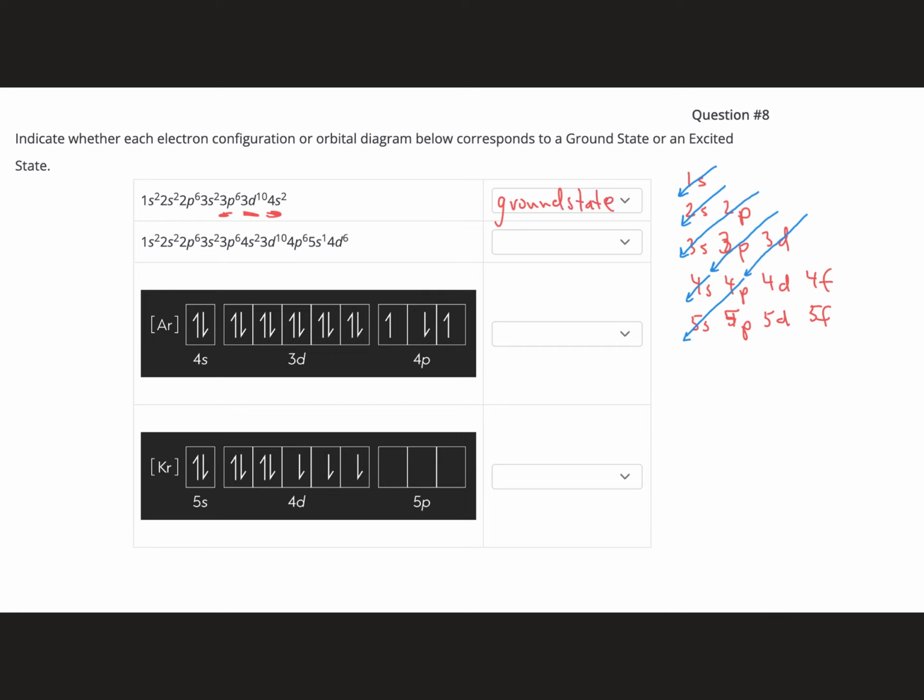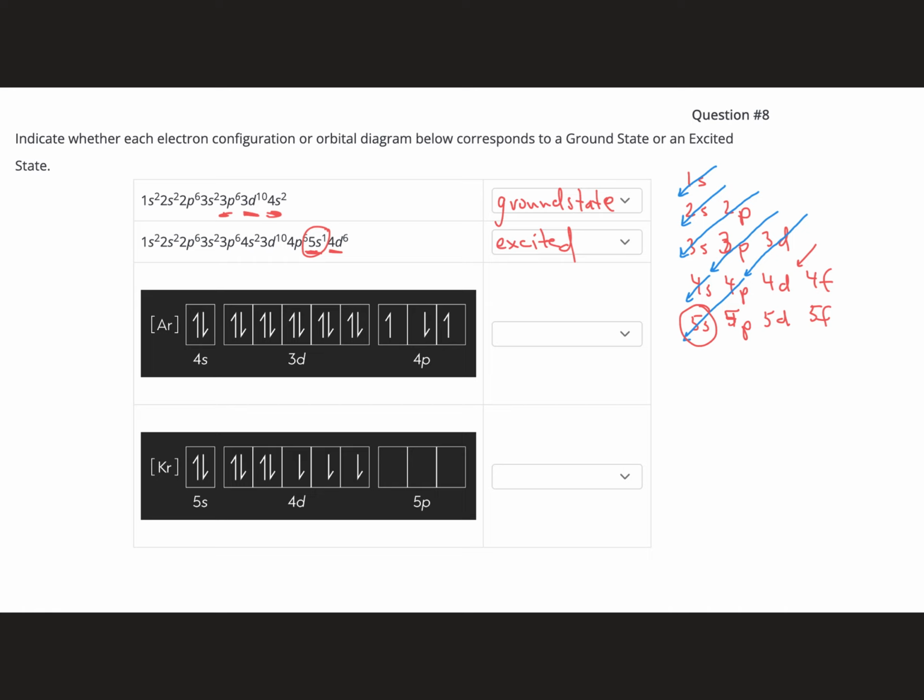Whereas if we look at the next one, you'll see I only have one electron in 5s1, and then I've got 6 electrons in 4d. We know we should fill our 5s orbital first before putting electrons in our 4d orbital. So that would make this an excited state electron configuration.